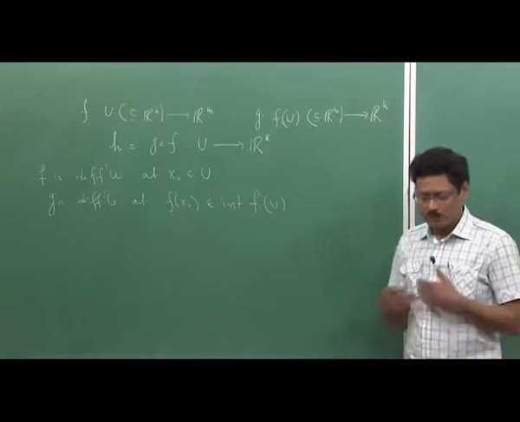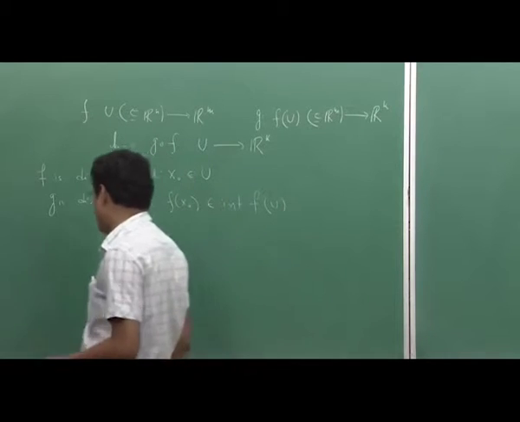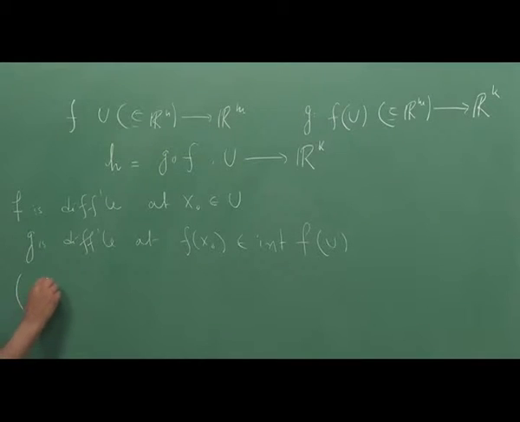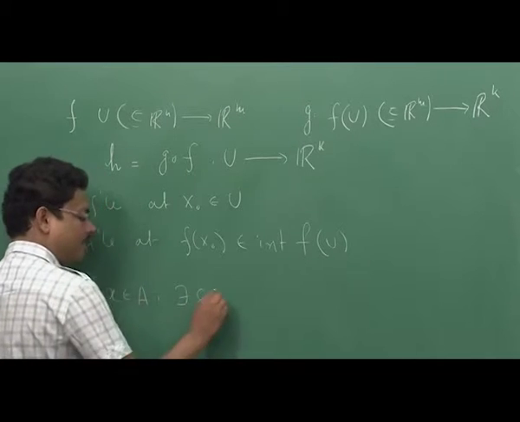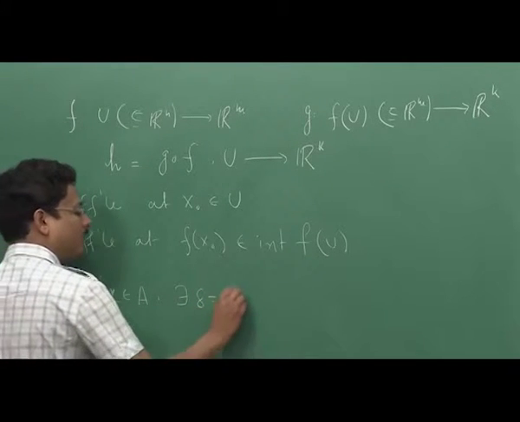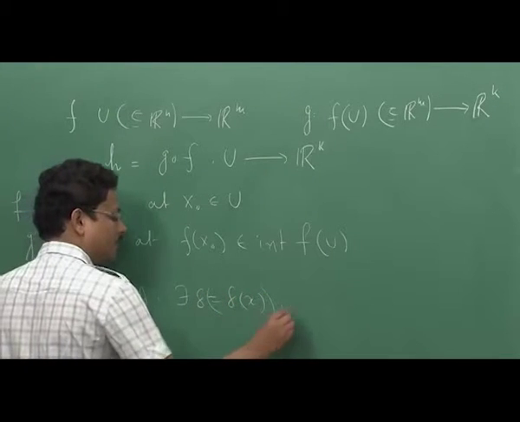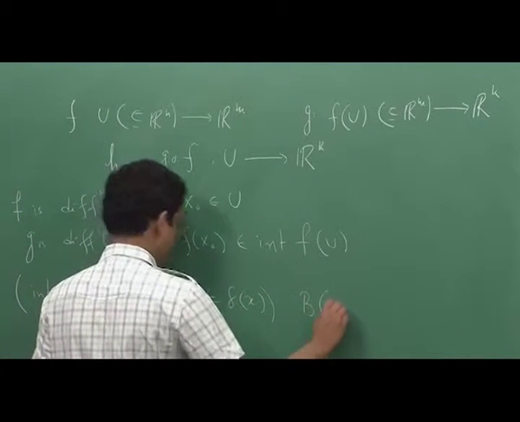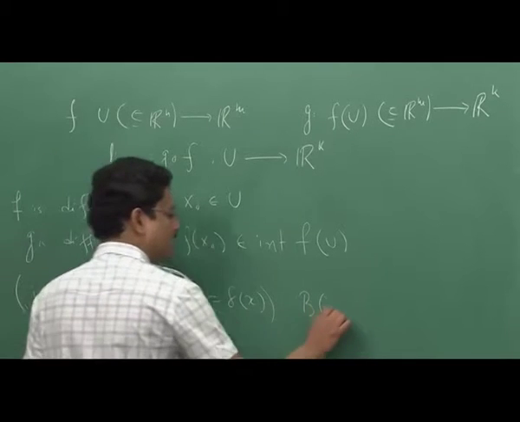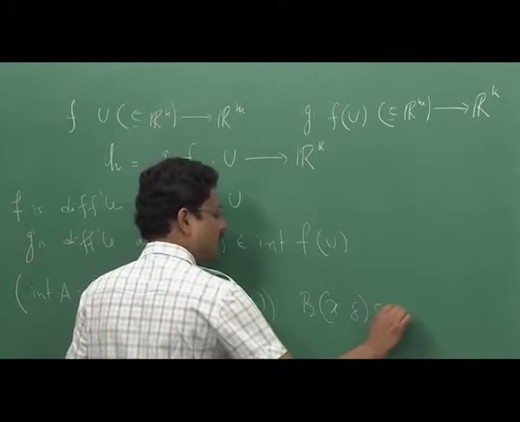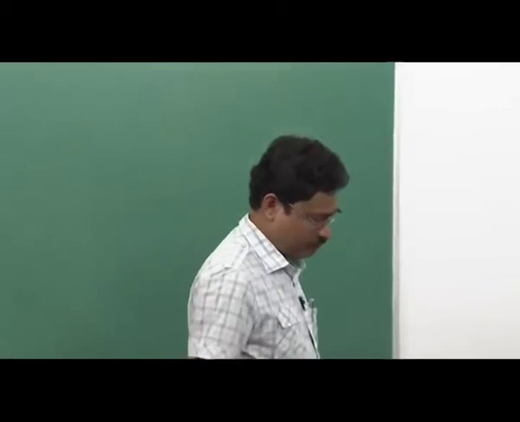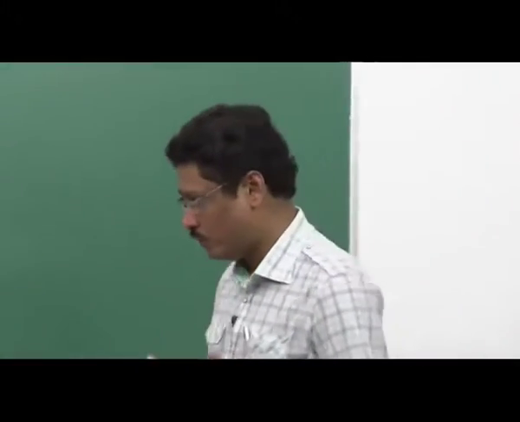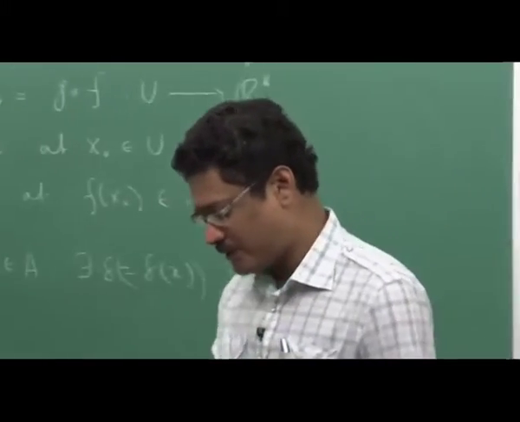The interior of a set A is the set of all x in A such that there exists a delta, depending upon x, such that the ball B(x, delta) belongs to A. For derivatives I need an open set, as I told you in the first class, because we have to add and subtract things.